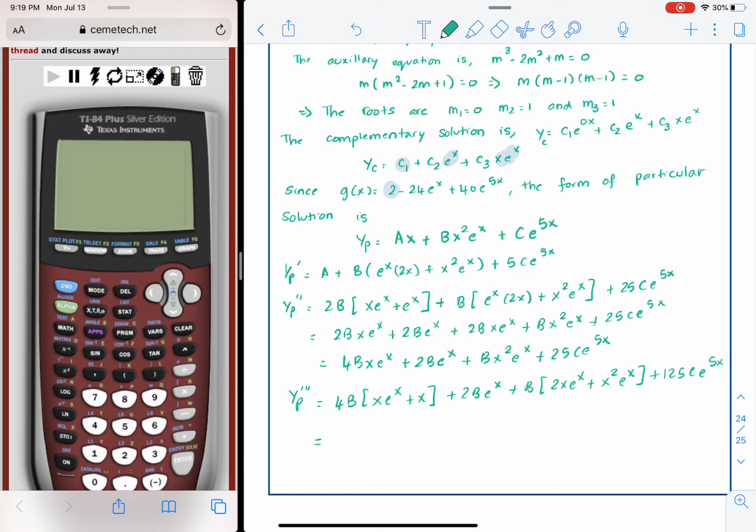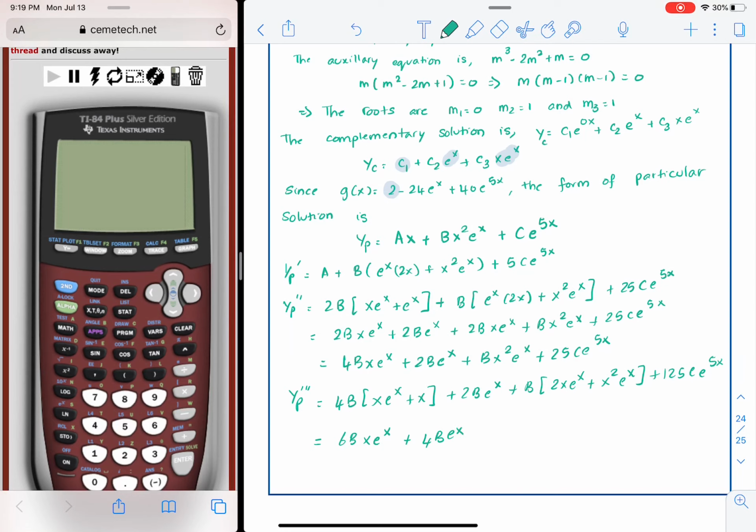So that would give me 6b x e raised x plus 4b e raised x.